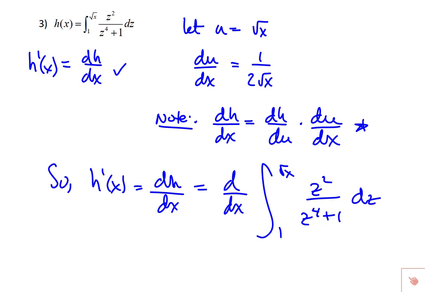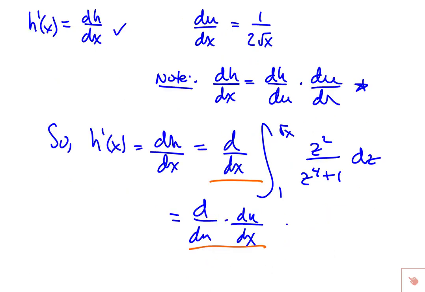We're about to, but we're just getting the full context of this here, which is equal to d over du times du over dx of the definite integral from 1 to u. So okay, there goes our substitution now that we're using du's. So from 1 to u of, same old function inside here, z squared over z to the fourth plus 1, and that is dz.